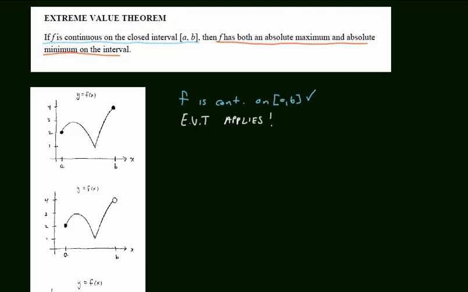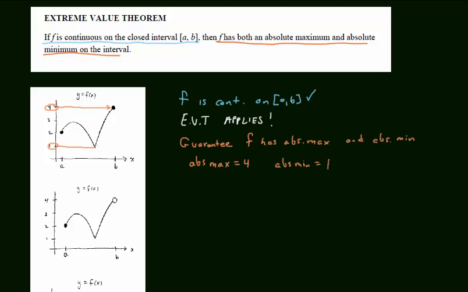It tells us that we can guarantee that f has an absolute max and an absolute min, and we will just identify those. The absolute maximum value of the function is 4. And the absolute minimum value of the function is not 2, but it looks like down here we'll call it 1. So the absolute max is 4, absolute min is 1.